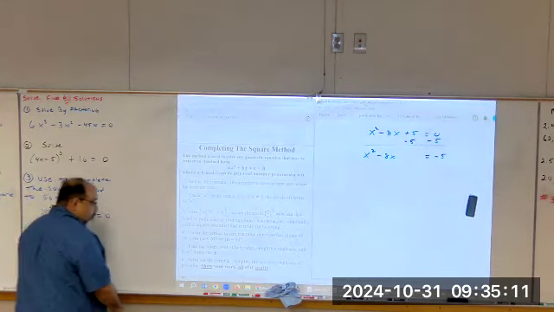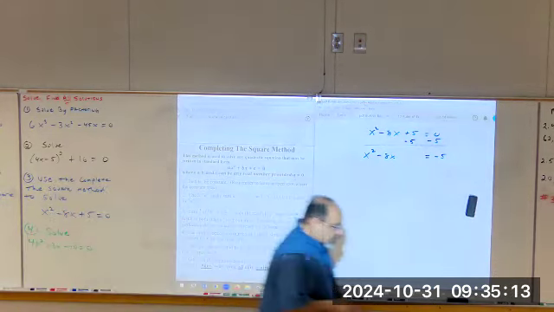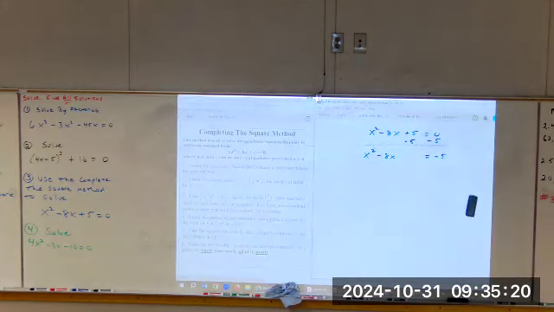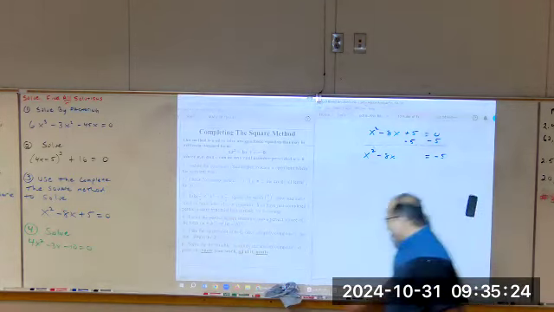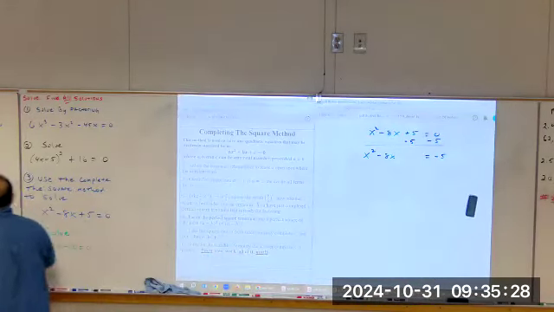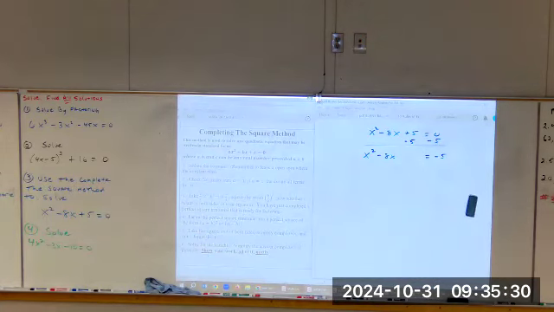Step 3. This is where completing the square actually takes place. And like I said on Tuesday, it's like following a recipe. You take half of b. b is the coefficient of your x to the first.